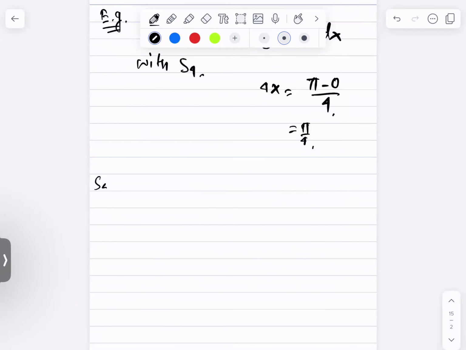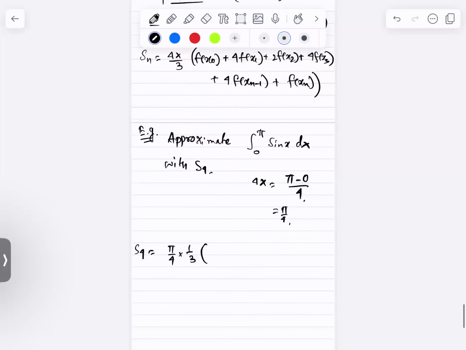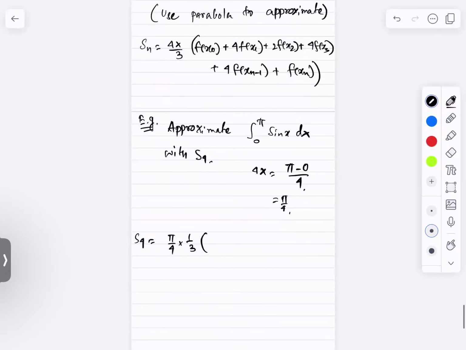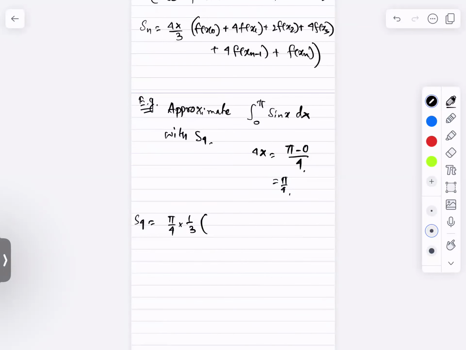Therefore my S4, using the formula, should be pi over 4 times 1 over 3, because I have delta x over 3 as my formula, and then f of x0 is sine 0, plus 4 sine pi over 4, plus 2 sine 2 pi over 4, plus 4 sine 3 pi over 4, plus the last point, sine pi.